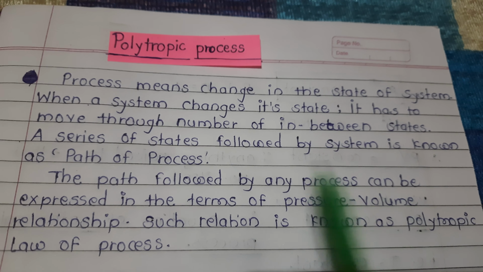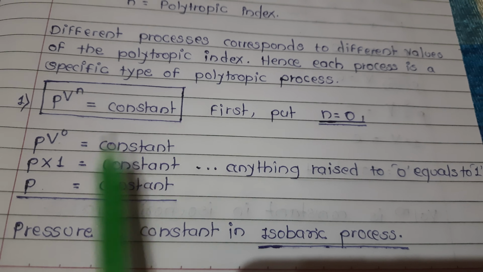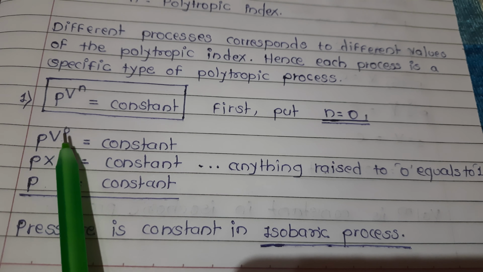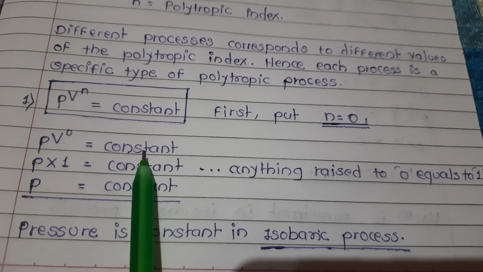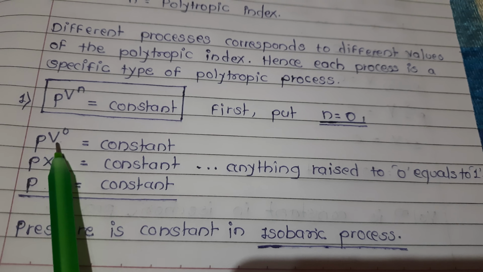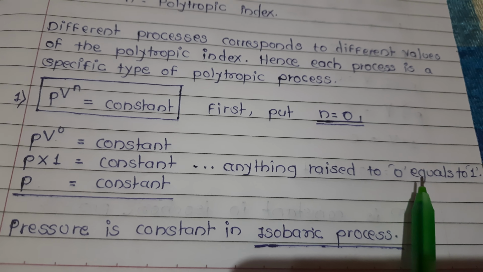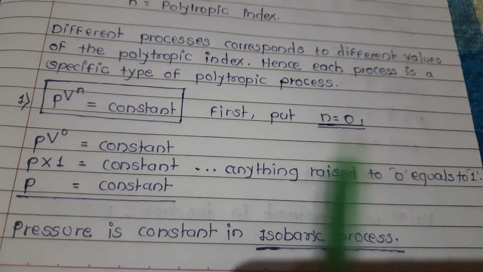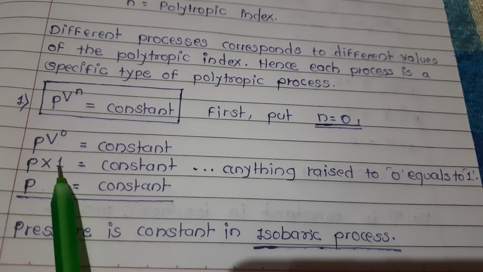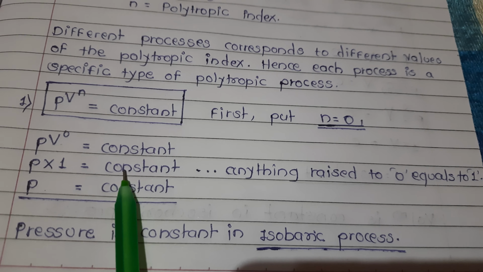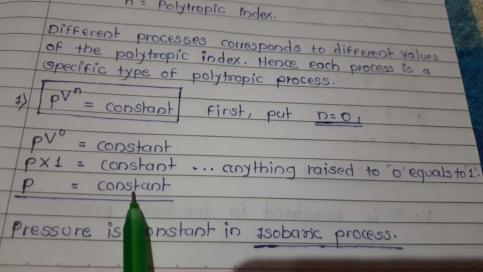First, put n = 0. PV^0 = constant. What is V^0? Anything raised to 0 equals 1, so P into 1 is equal to constant, which means P = constant.